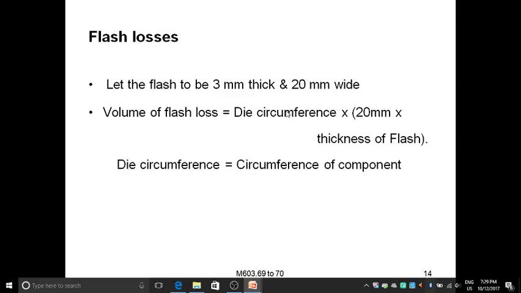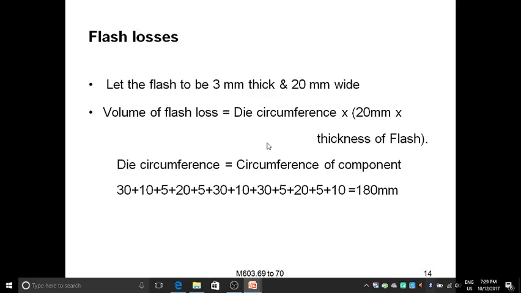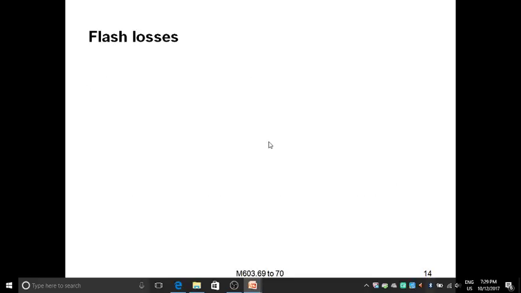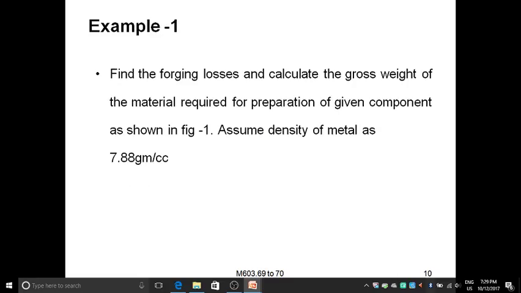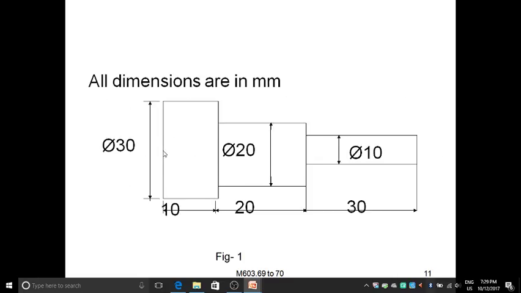Around its circumference, the material will be projected for a width of 20 mm with 3 mm thickness. Now you calculate the circumference of the object. Going back to the figure, this is exactly the object that we need to forge.